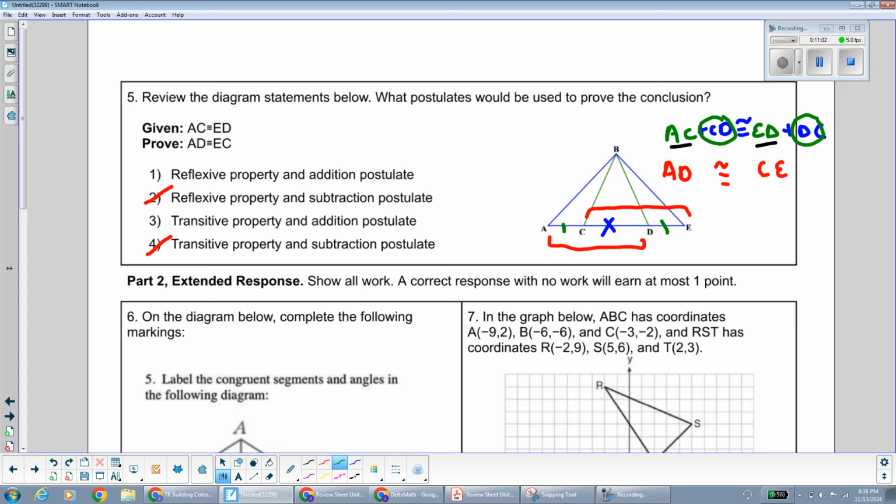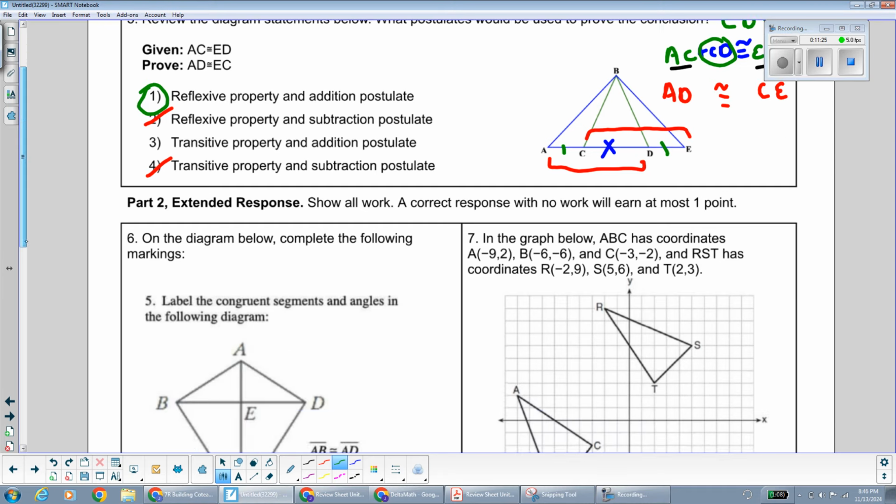Now, CD and DC are the same segment, so they're congruent to each other by the reflexive property. And we do need to say that first in order for our addition to be valid, since we do need to be starting with congruent and adding congruent. So we see here that the correct answer is reflexive property and addition.